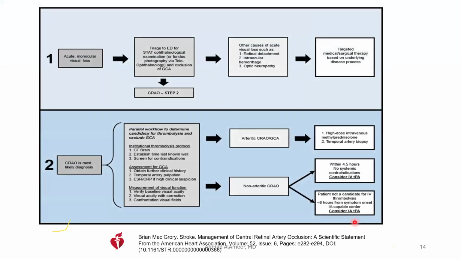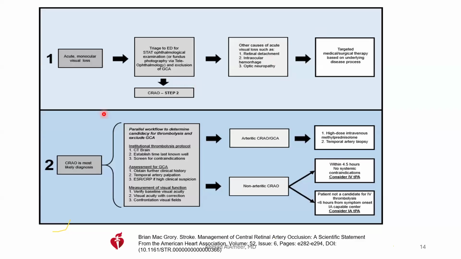This is a suggested ER protocol from the American Heart Association for the management of acute vision loss. You have a patient in the ER with acute monocular vision loss. Ask ophthalmology to come and see the patient. Based on their examination, whether it is retinal detachment, intraocular hemorrhage, or optic neuropathy, the treatment is based on the diagnosis.